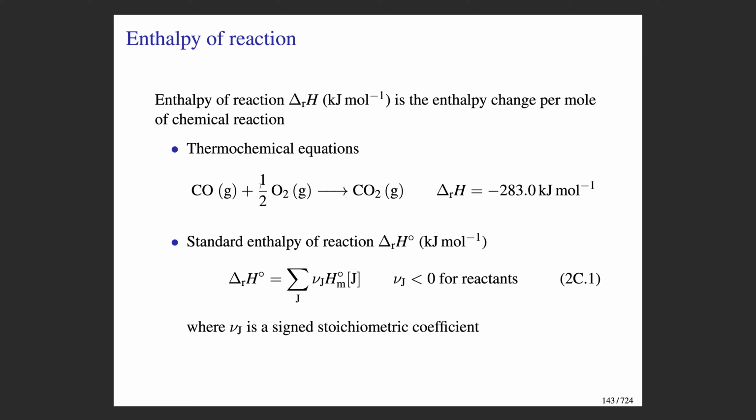The coefficient for oxygen would be -1/2. The coefficient for CO2 would be +1. So this is a very compact way of writing the expression for calculating delta H. You may like to revert back to the products minus reactants type of approach. Notice what we have here is the absolute enthalpy, so it's the enthalpy of the final state minus the enthalpy of the initial state. While this works conceptually, it's not what you do in practice, and so we'll get to some of the practical problems in a bit.